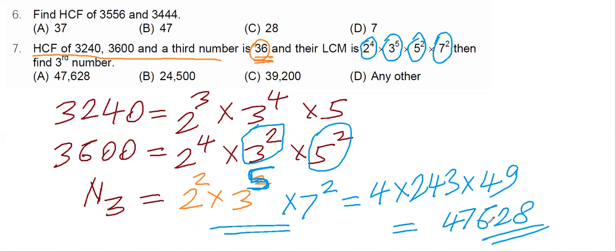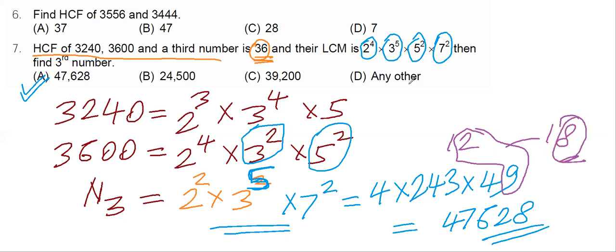Okay, so I will get 47628. This is the answer. How did I calculate so fast? I have not multiplied everything. I just multiplied 4 3s, 12, and then I just multiplied 9 2s, which is 18. I just found this 8 in these options. Here it is 8. So A is the answer. Got it?